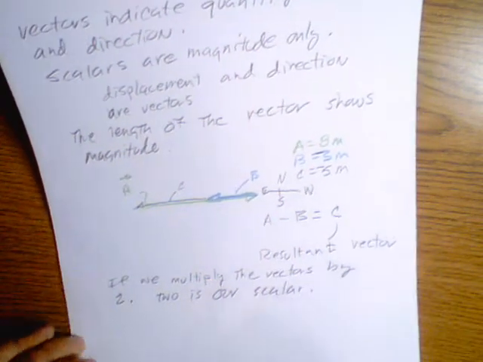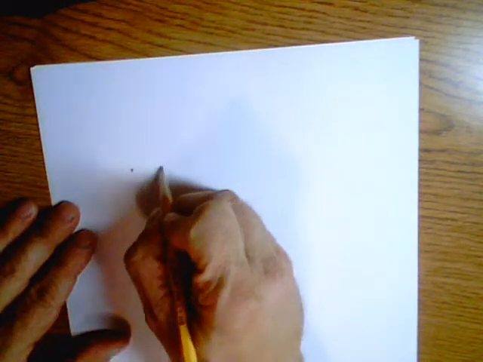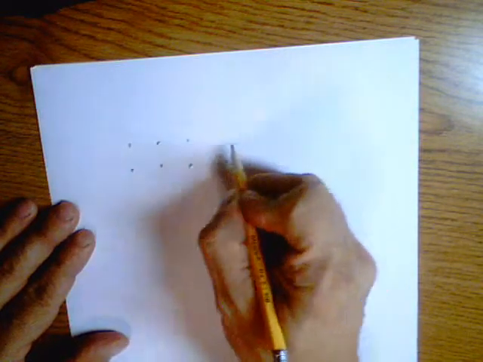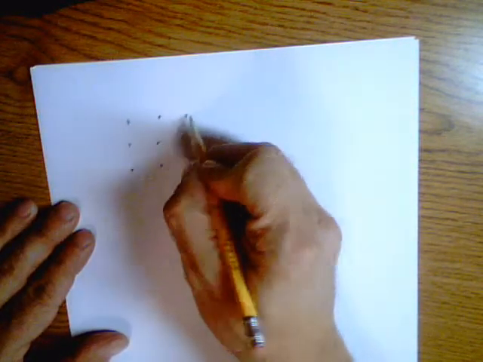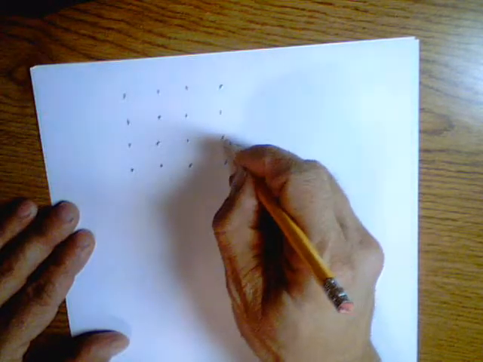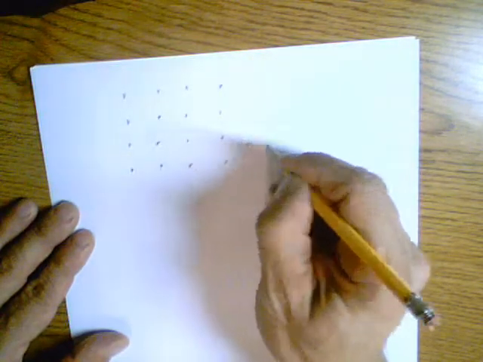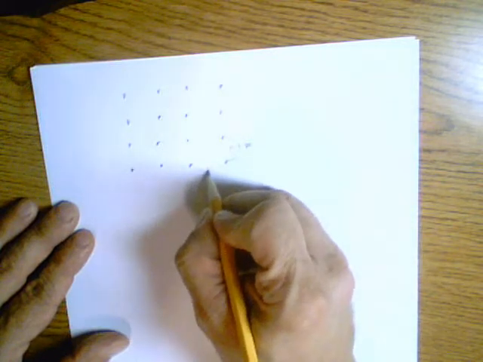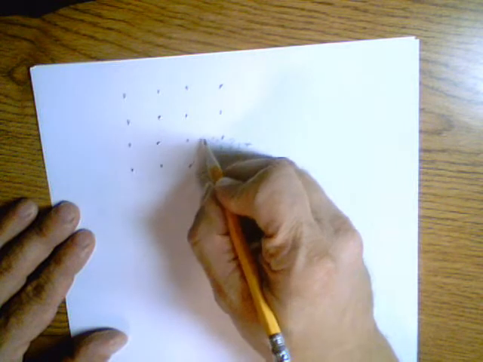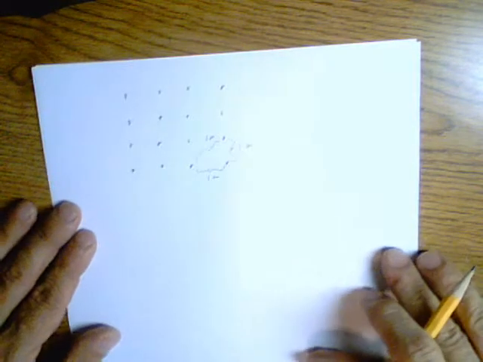This is another method of illustrating the same thing. We have parameters for our vectors. These are supposed to be evenly spaced. This is a scale of 1 meter. And let's just, for simplicity's sake, say this is 1 meter as well.